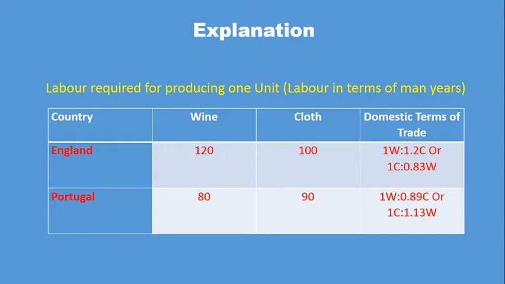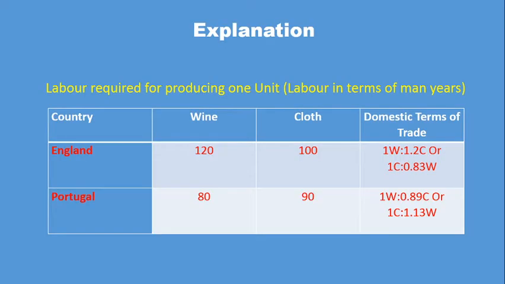On the other hand, the production of 1 unit of wine and clothes in Portugal requires 80 and 90 men for a year respectively. It means the cost of producing both commodities is lower in Portugal. As compared to England, Portugal has an absolute advantage in the production of both goods.